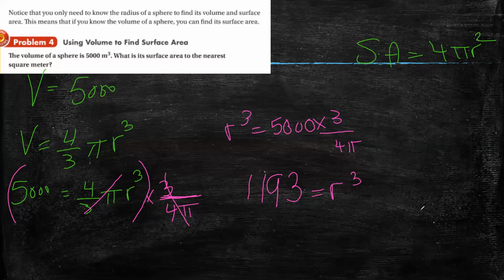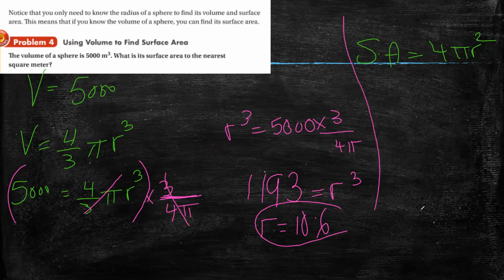Yeah, so 1,193. Okay, cubic root of 1,193. So the radius now will be 10.6. After that, the surface area will be 4 pi times 10.6 squared.